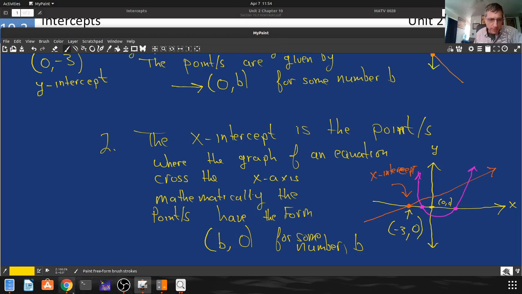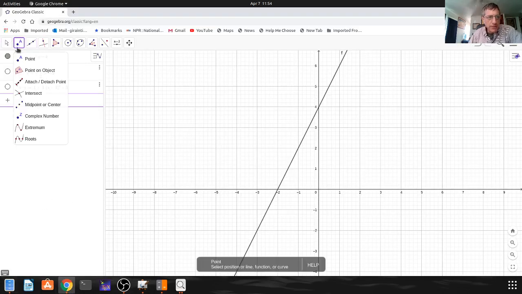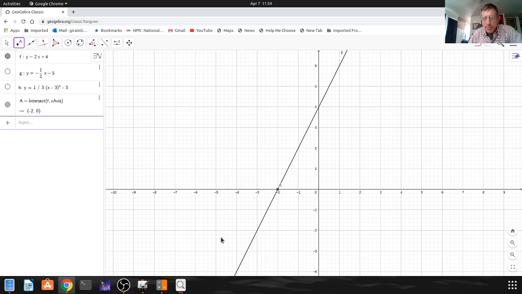So let's look at some more examples of intercepts. So here's our first example. So this is just the graph of a straight line. Right down here is the point where the graph crosses the x-axis. So that's called the x-intercept.